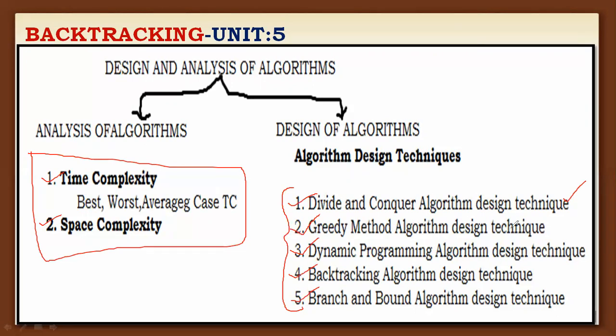The next one is the greedy technique. In the greedy technique, we can solve the knapsack problem, and also the job sequencing with deadline problem. The single source shortest path problem is also solved using the greedy technique, which we already discussed in earlier classes. And the next one is dynamic programming.